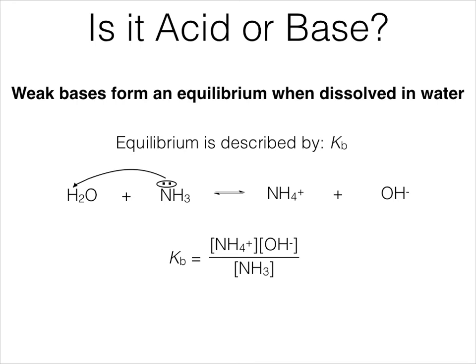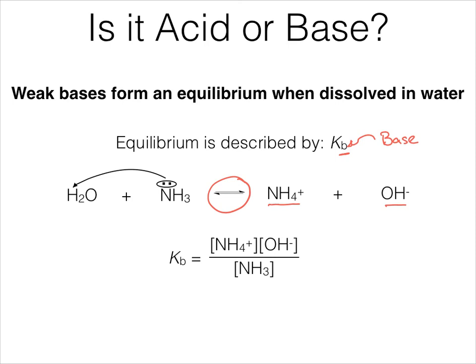So when weak bases dissolve in water, they also form an equilibrium, just like acids do. This equilibrium is described by the Kb. In the creative chemist way, B stands for base. And so what happens in this example is that the lone pair on the ammonia takes a hydrogen and it creates the ammonium ion and hydroxide.